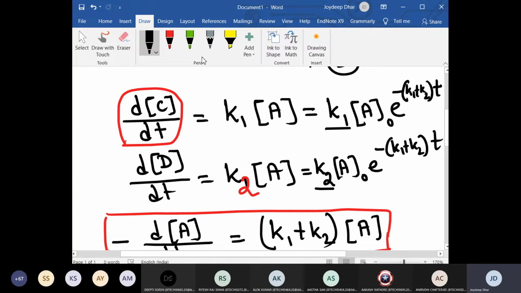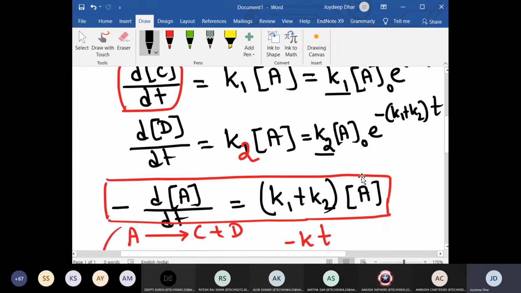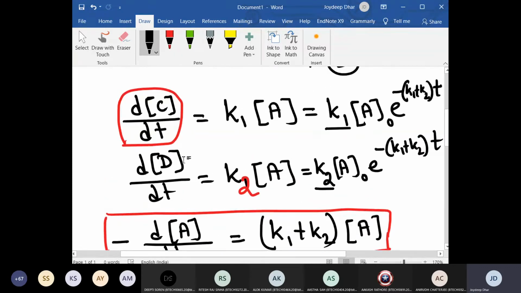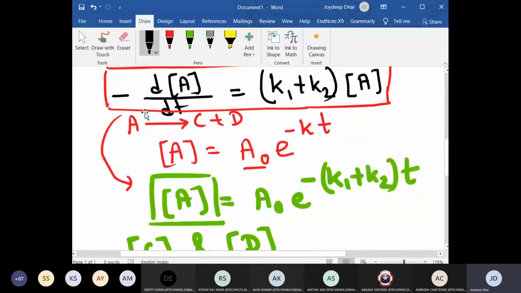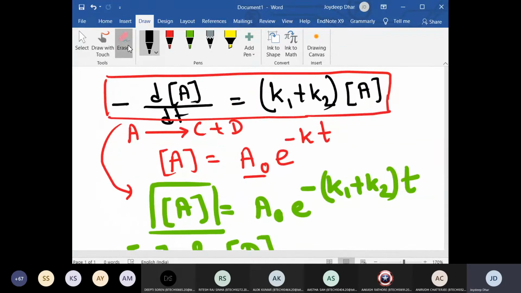Okay, so if I solve these two differential equations, or if I do the integration, I will get the concentrations of C and D. The unreacted A, I have already told, will be A naught e to the power minus (K1 plus K2) T.